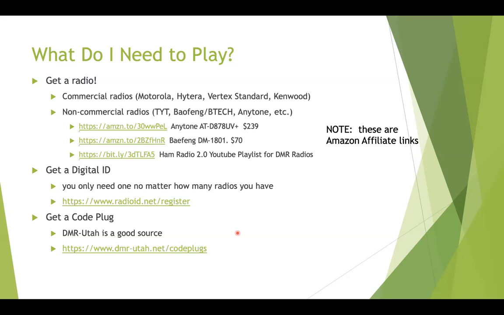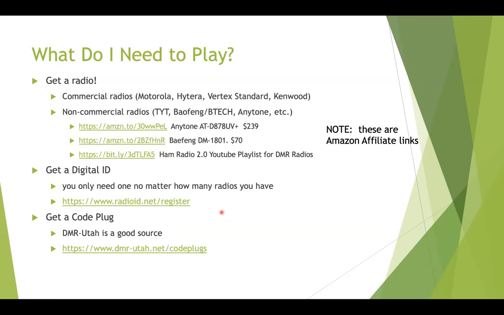Then you need to get a code plug. So around here, you go to DMR Utah. There's a link to it right here on the presentation. You can download a code plug for the radio that you have, or there are code plugs, like Dan said, all over the internet. If you Google for a code plug for your particular radio, I'm sure you can come up with one.